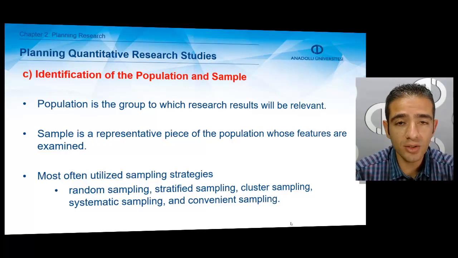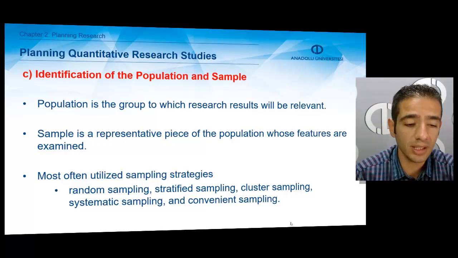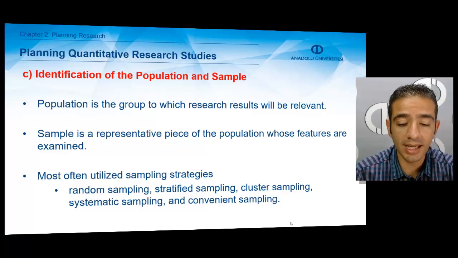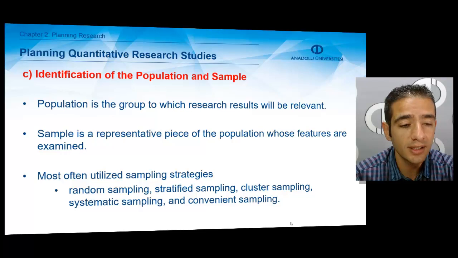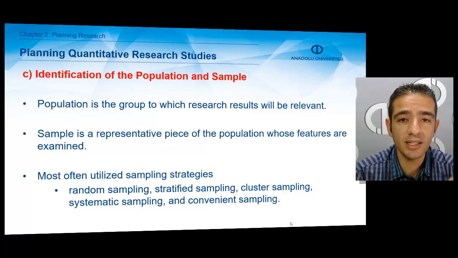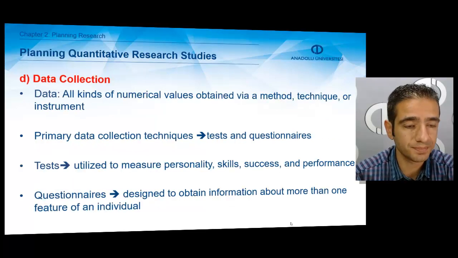We have in the literature some commonly used sampling strategies, and they are random sampling, stratified sampling, cluster sampling, systematic sampling, and convenient sampling. These are the ways how you define and decide on your participants.